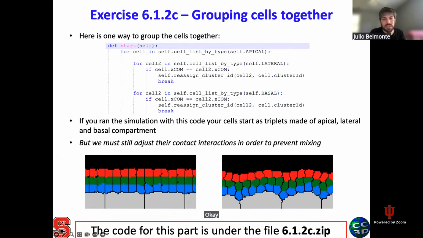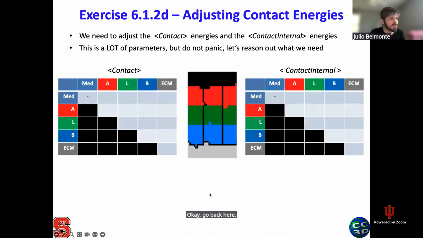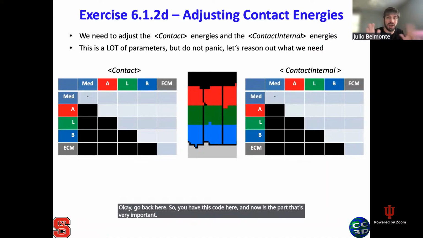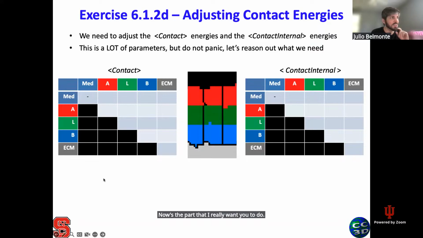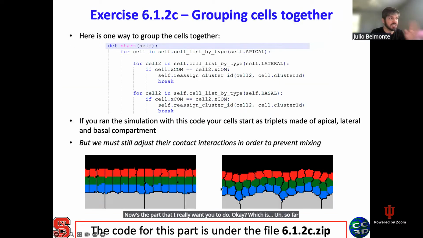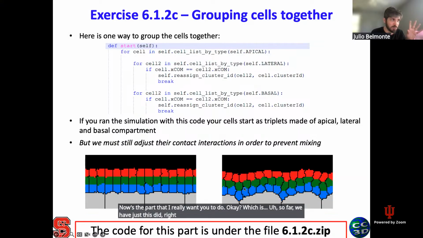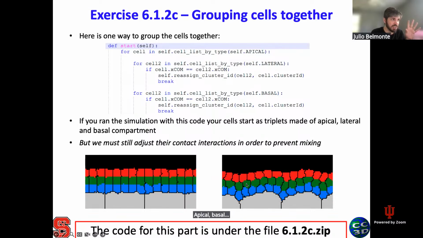Okay, go back here. So you have this code here, and now is the part that's very important. Now is the part that I really want you to do, okay? So far you have just this, right? The cells are compartmentalized. You have apical, basal, and lateral belong to the same cell. But if you just run the code, nothing really happens.